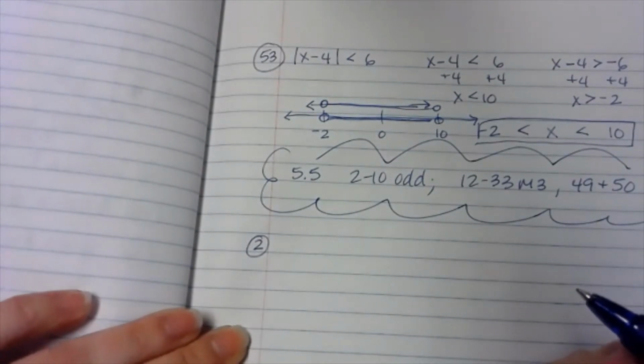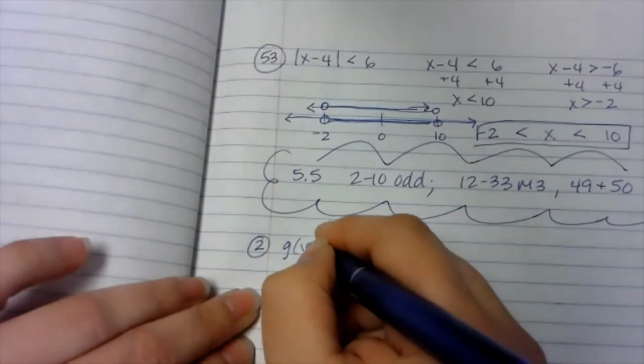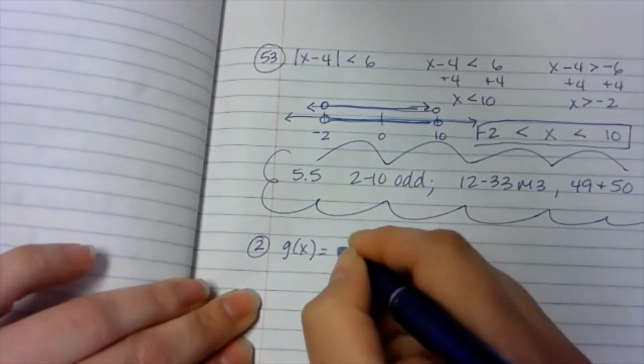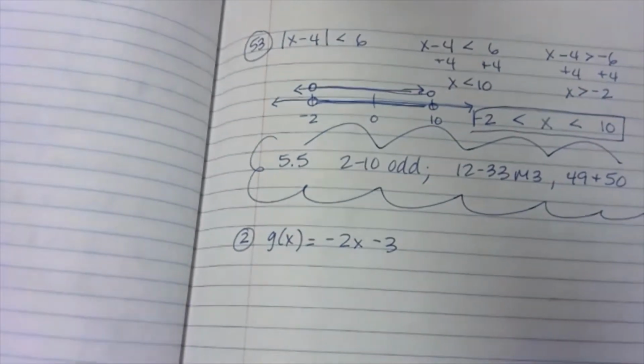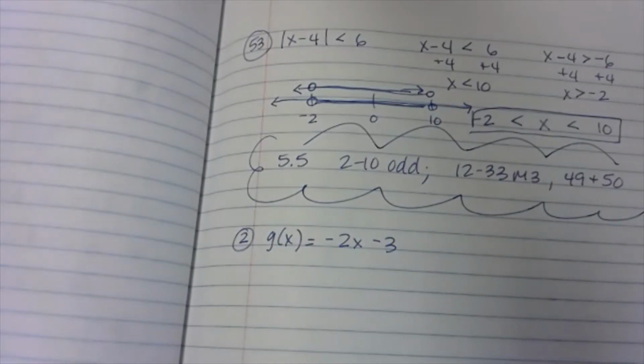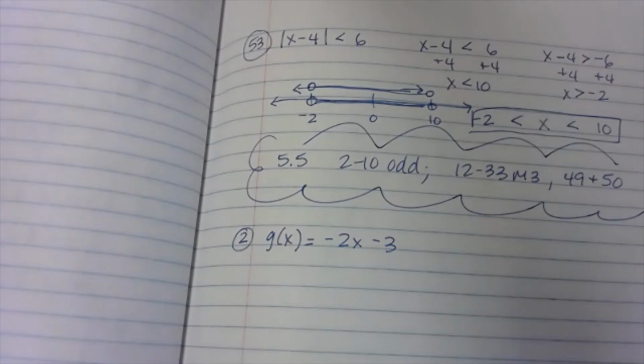All right, so number 2 says g of x is equal to negative 2x minus 3. Okay. So they want the function, rule, and domain. They want you to make a table and write a set of ordered pairs. No problem.